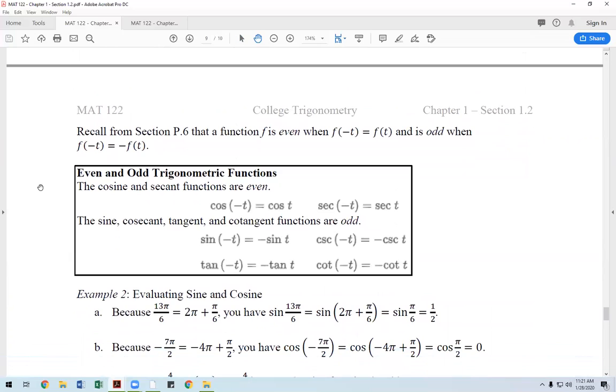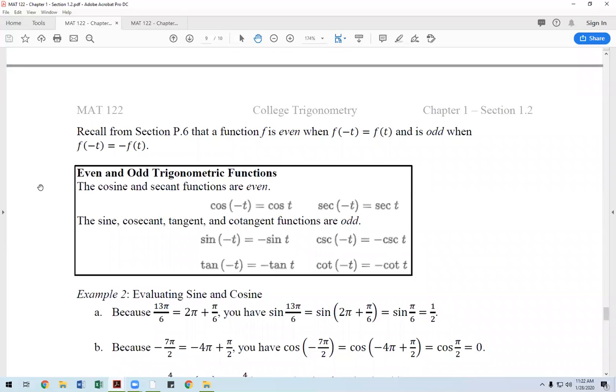Another thing you should remember is, from college algebra, we had talked about odd and even functions. So remember, with even functions, the idea is, if you put a negative value into your function, but it still gives you the same value as a positive t, that's what makes it an even function. For odd functions, if you put a negative value in your function, it's actually going to negate the entire function. So those odd and even values you can also see for these trigonometric functions.